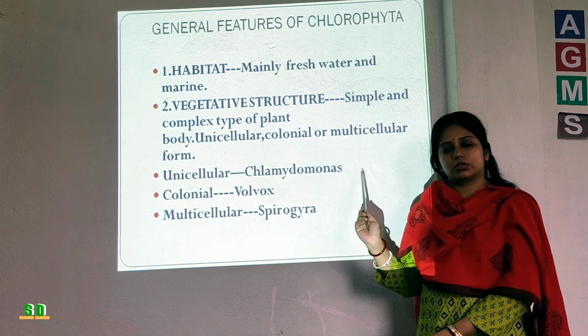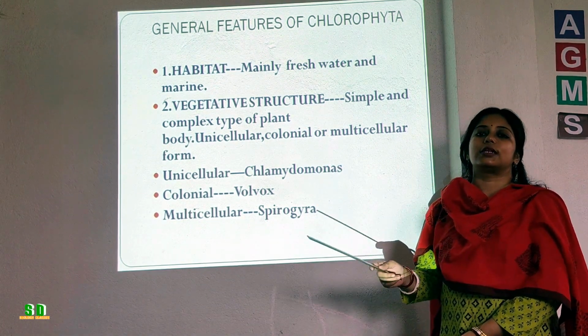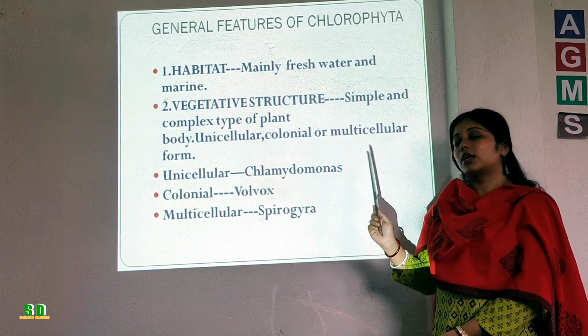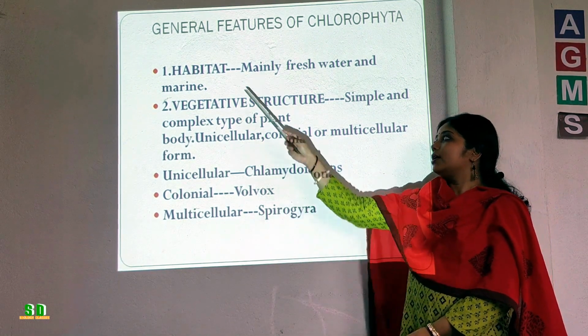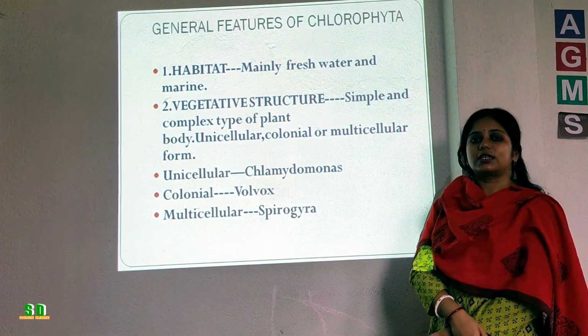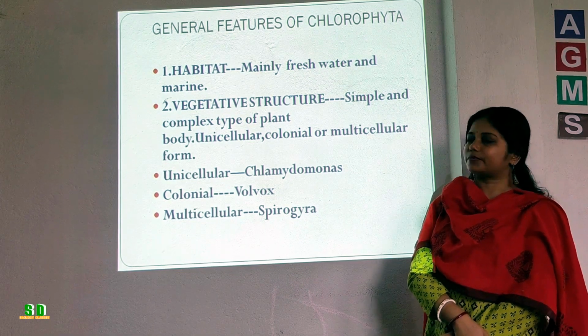When we study Chlorophyta, we will consider these features. When we study Phaeophyta and Rhodophyta, at that time also we will consider all these features. Let's see the general features of Chlorophyta.